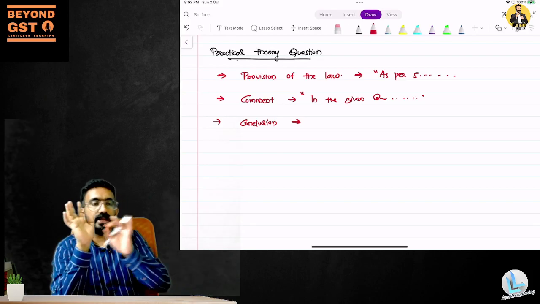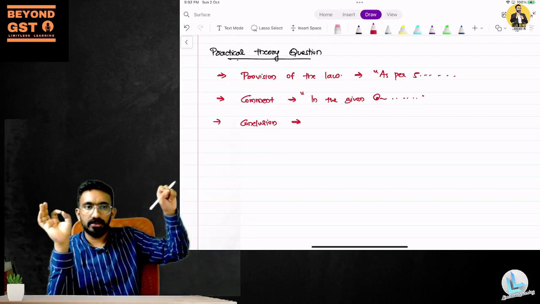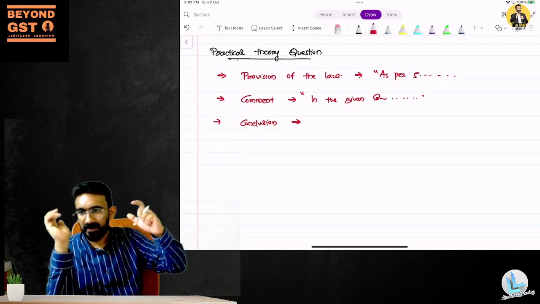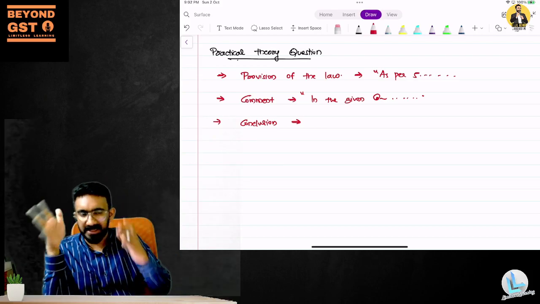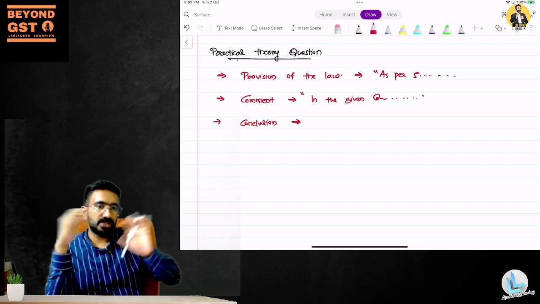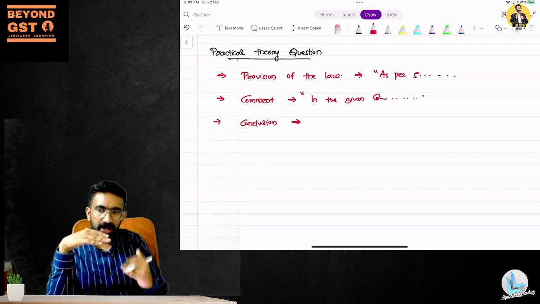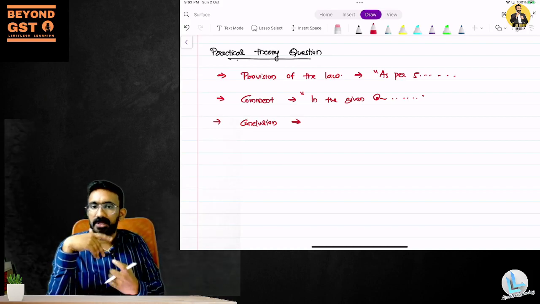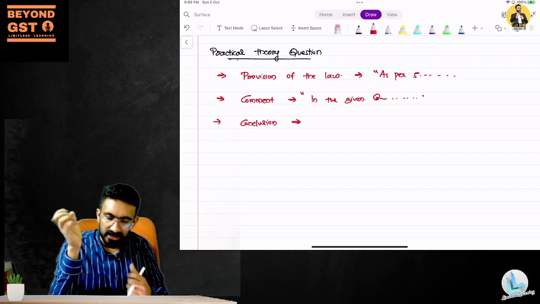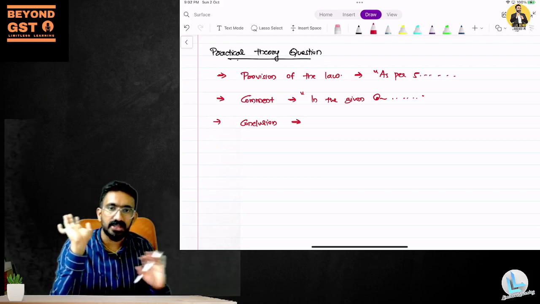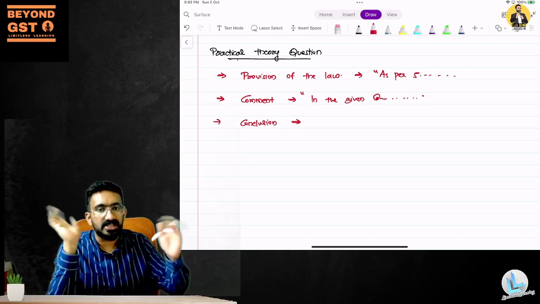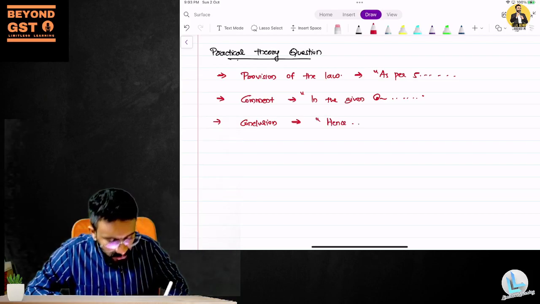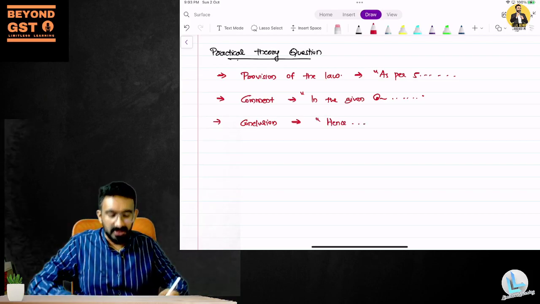Do you have to write the provision of the law underlined? No need. You just write it as a separate paragraph or separate line. Enough. As per so and so section, this is how it comes. The next paragraph, you can start in the next line. Keep one line gap there and say that in the given question, it's like this. Then give a one line gap and then write that hence it is like this. Hence so and so is so and so. Okay, this is how we'll write.